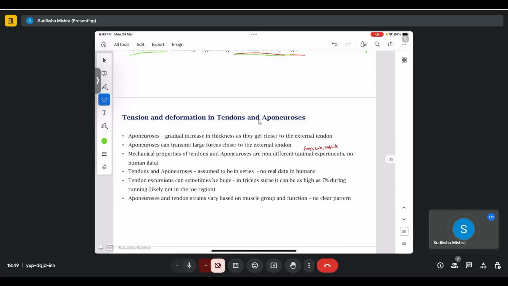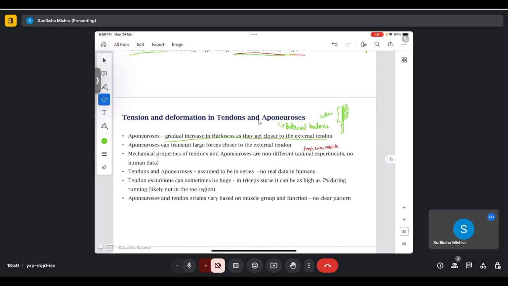Now let's look at aponeurosis and what the differences are between tendons and aponeurosis. Aponeuroses are essentially internal tendons, and in general they gradually increase in thickness as they go towards the external tendon.